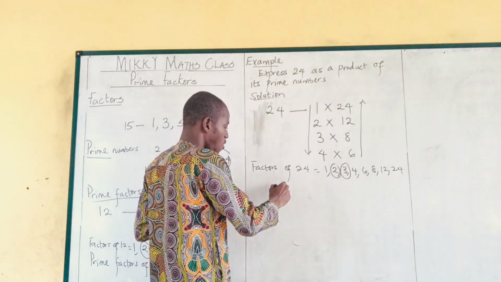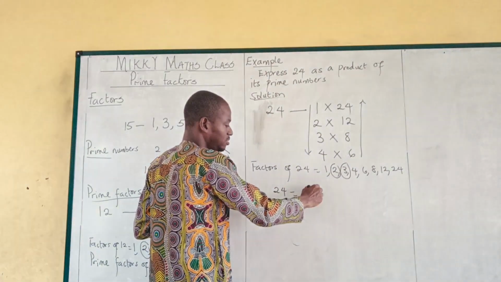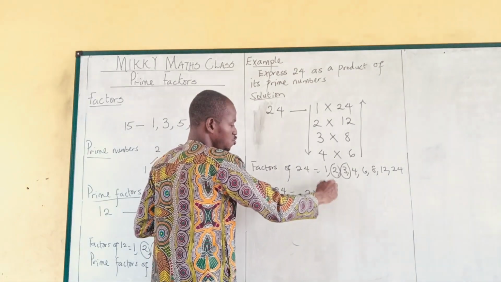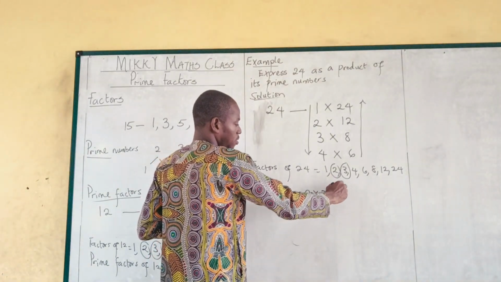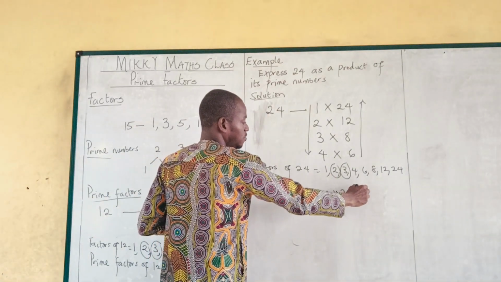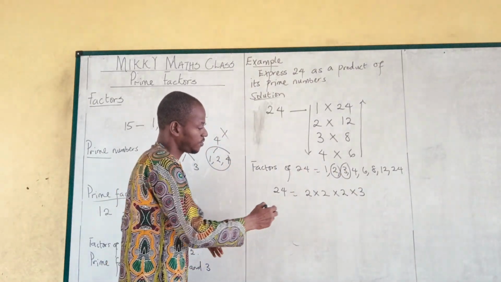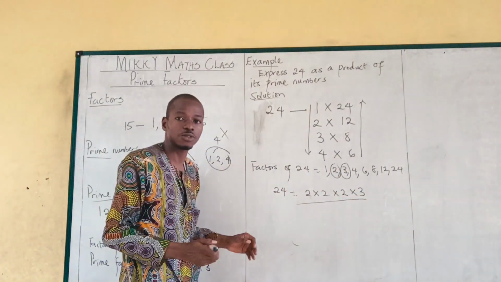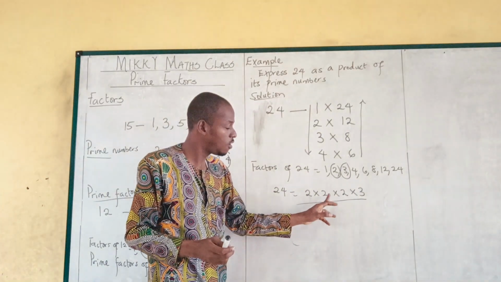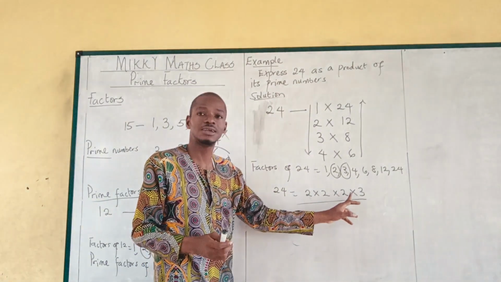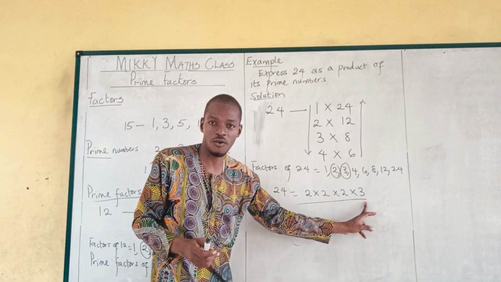So 24 will be equal to 2 times 2 times 2 times 3. This is 24 as a product of its prime factors, because 2 times 2, 4, 4 times 2, 8, 8 times 3, 24.